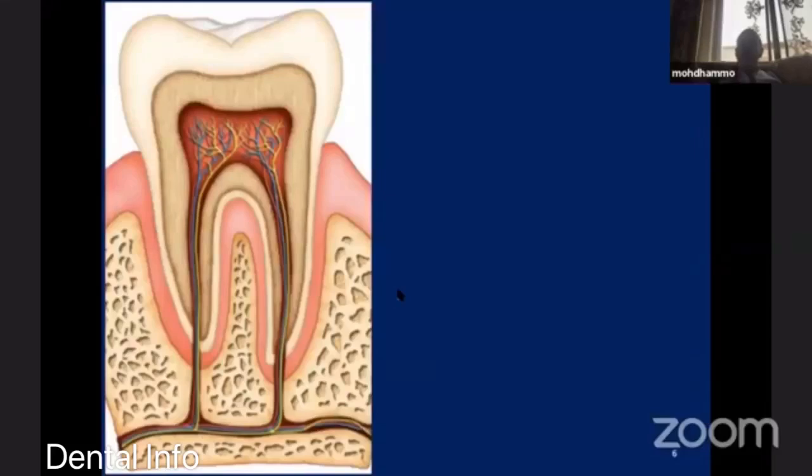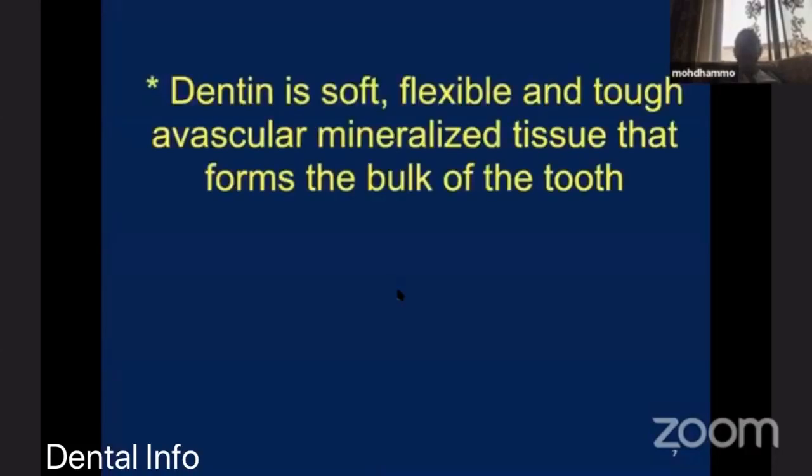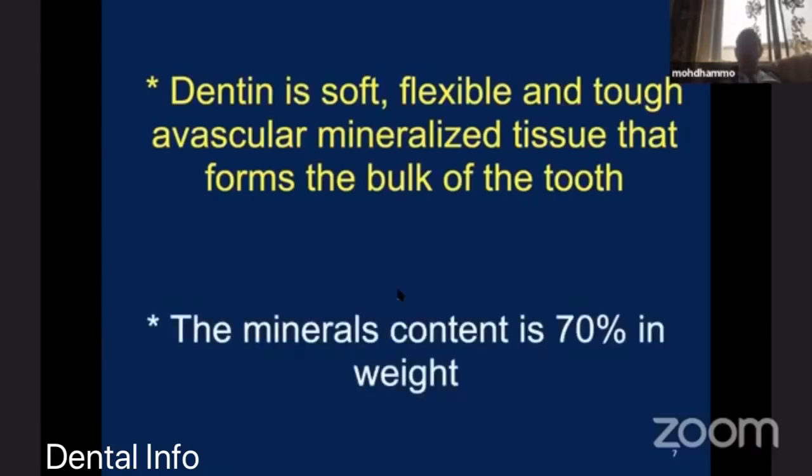The second mineralized part in the tooth is the dentin. The dentin is a soft, flexible, tough, and avascular mineralized tissue that forms the bulk of the tooth. For the dentin, the mineral content is about 70% in weight.